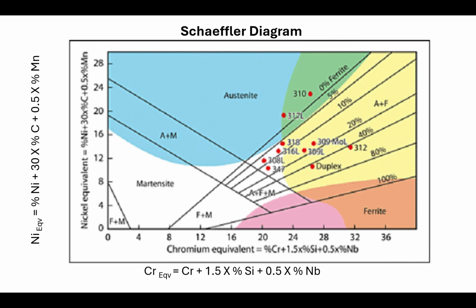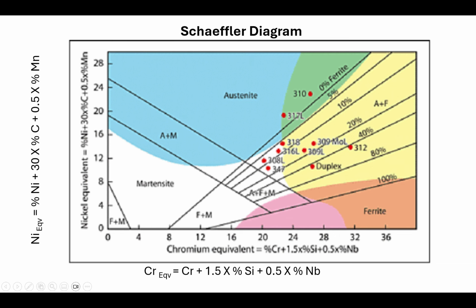The Schaeffler diagram is used to find out the right electrode for dissimilar steels, or even for stainless steel. In the Schaeffler diagram, on the vertical axis, you have nickel equivalent.